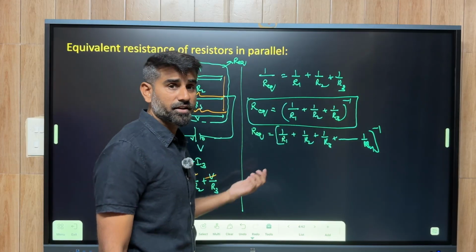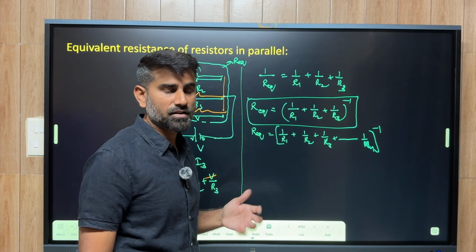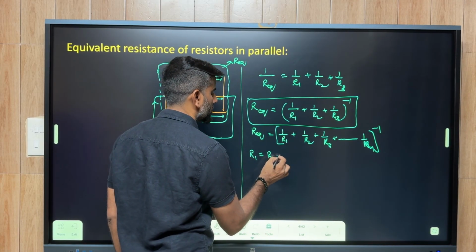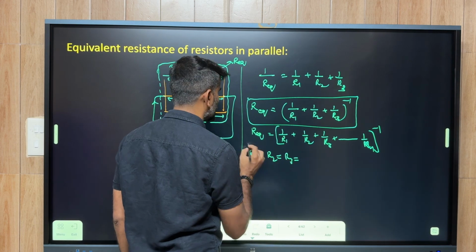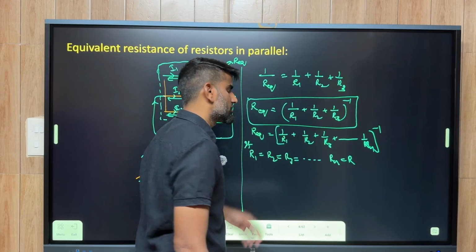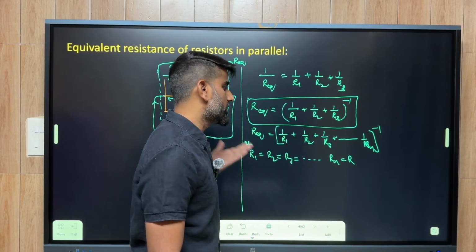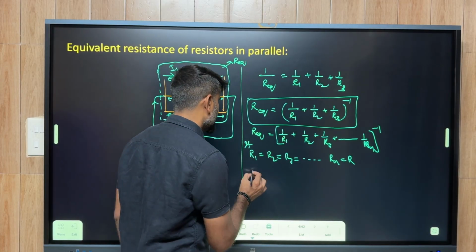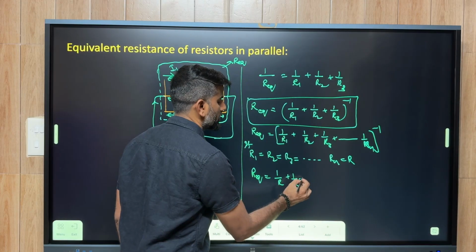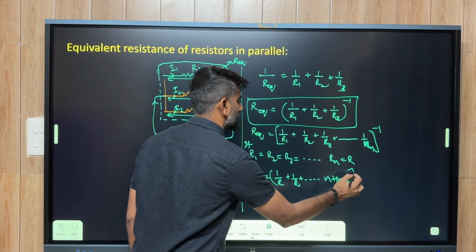As I discussed in the earlier case, if the resistors have equal resistances, R1 equals R2 equals R3 equals so on Rn equals R, and I have taken n resistors, then R equivalent will be (1 by R plus 1 by R plus so on n times) whole inverse.